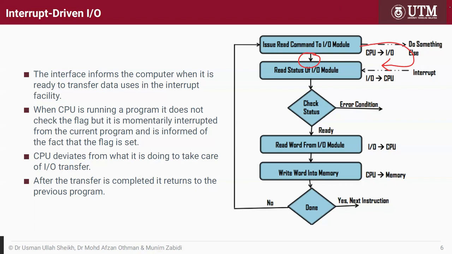The CPU first sends a command to the I/O device, and then does something else. When the I/O device is ready, it will interrupt the processor, and the processor can check the flag and read the data. So basically, the CPU is not waiting for the device to be ready. When the device is ready, it will tell the processor to get the data.